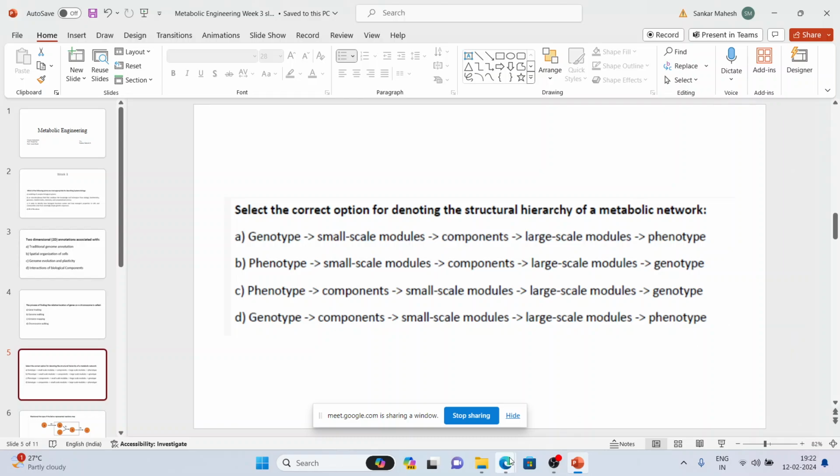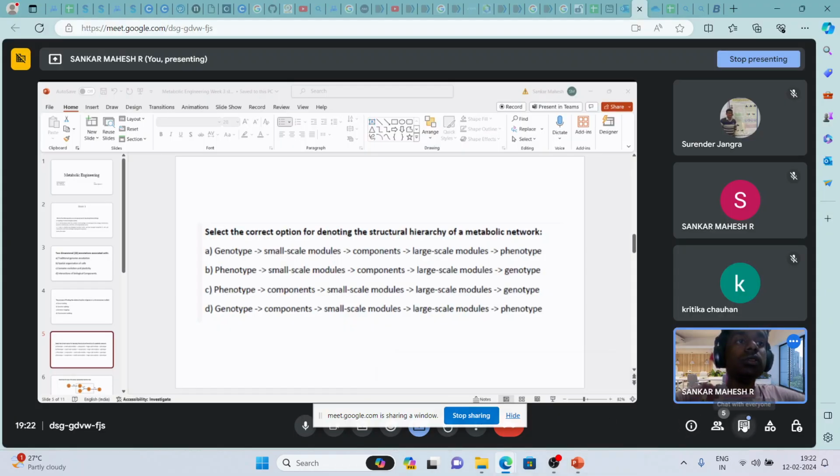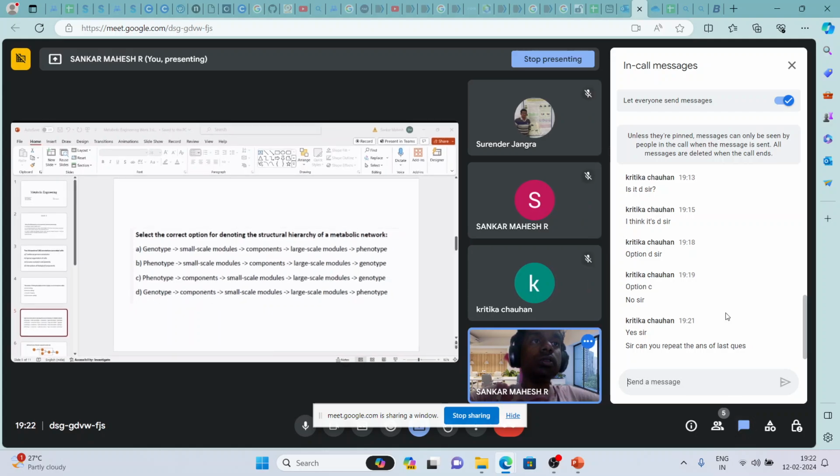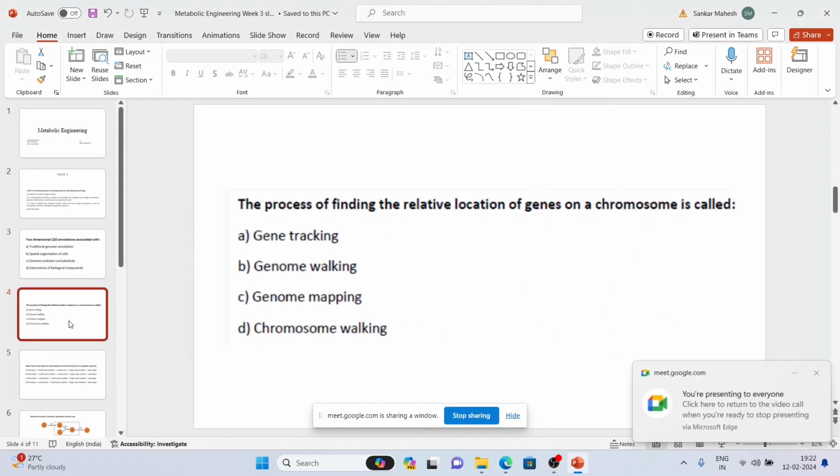So, Kritika, you can try to answer this question. Okay, you want the answer of the last question. The right answer for this question is genome mapping, like you had mentioned.